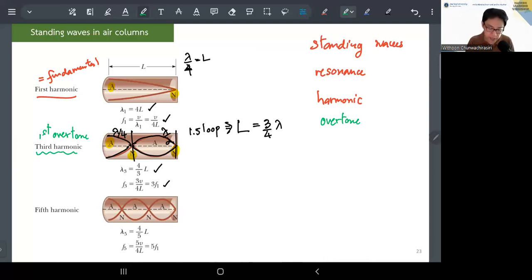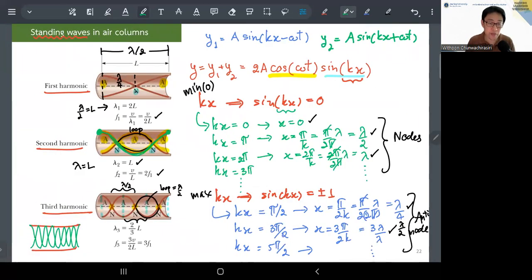So what I'm saying here is, in this particular case, you have the first and the second overtone to be the third harmonic and fifth harmonic respectively. Cool? Okay. So in contrast with the open end tube, the fundamental is this. This is still the first overtone. So it doesn't matter. The next tone from the fundamental, you call it first overtone.